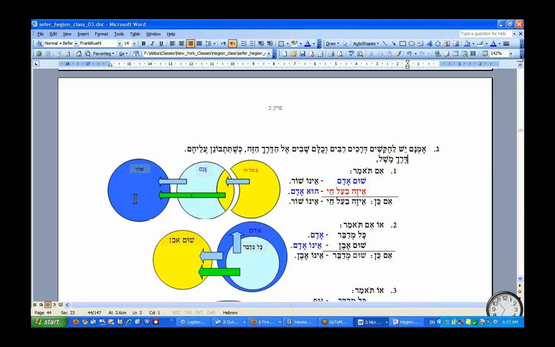Anyway. Im Tomar Kol Medaber Adam and Shum Even Eino Adam. Okay? A little more complex over here. Now we're using an all statement. So Kol Medaber is Adam. Now here's my blue. Kol Medaber, here we are, is Adam. So the Medabers are included in Adam.